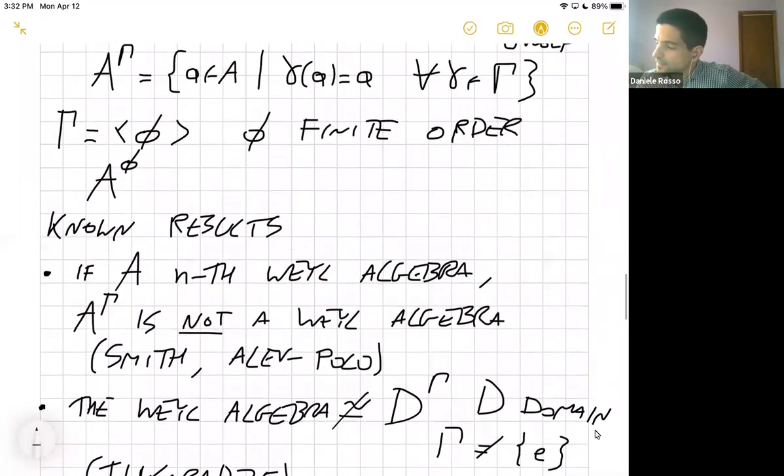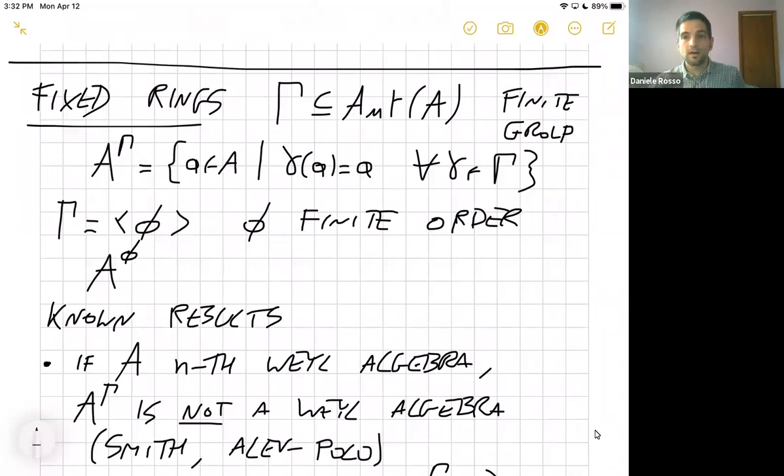So I'm looking at automorphisms of finite order. So you're asking what if phi is order 2? Yeah, that's certainly a valid example that we can think of. I can tell you some examples where we can say something about that. There are no issues with that.